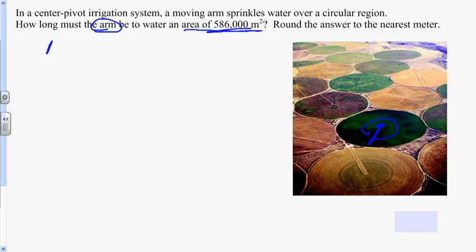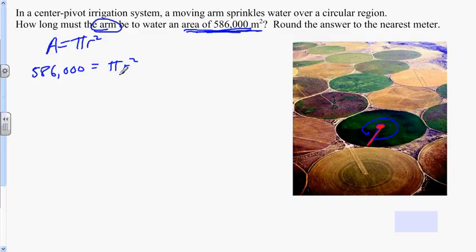Now again, the area of a circle is pi times r squared. Here we have the area, 586,000 equals pi r squared. Now your radius of the circle is the irrigation arm.